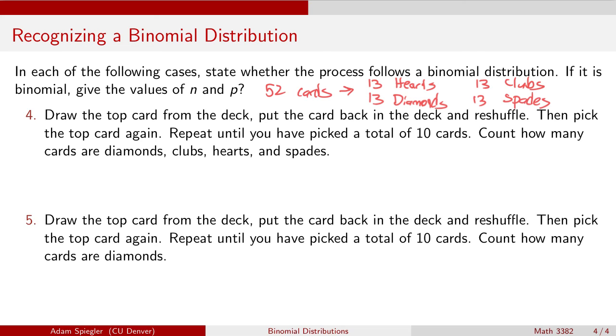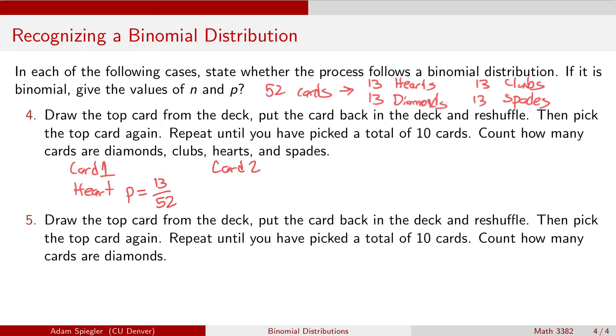So what happens, we pick a card from the deck, and maybe we look at card 1, and we say that card 1 is a heart. And what are the odds of picking a heart? Well, the probability here would be 13 out of 52. And then before we pick the next card, we're going to put our first pick back.